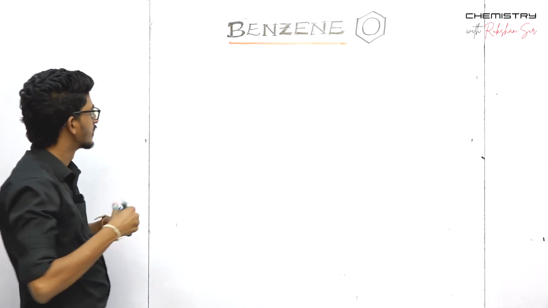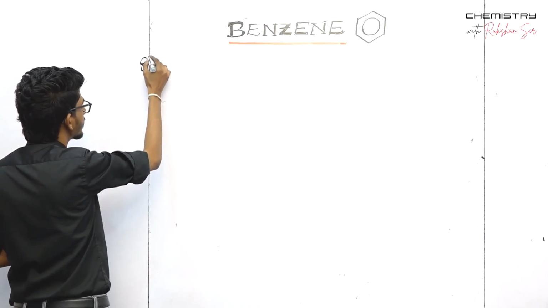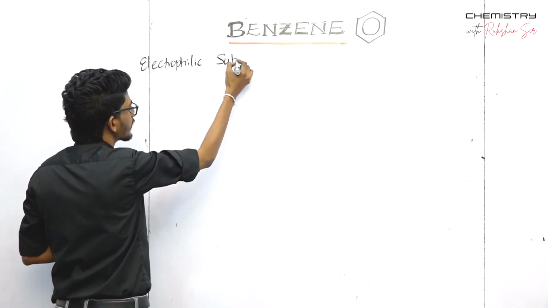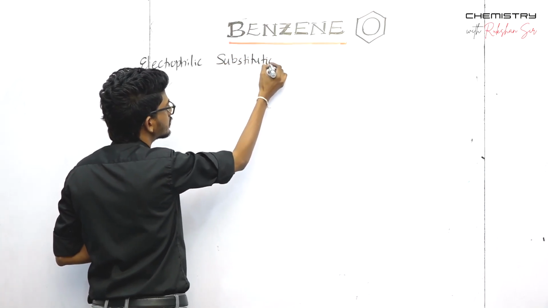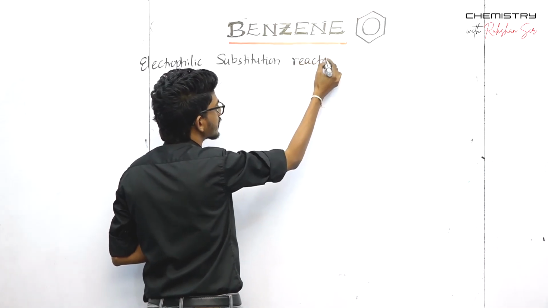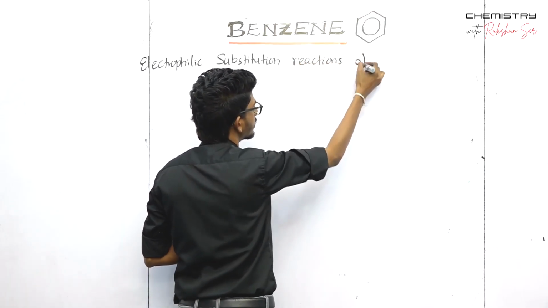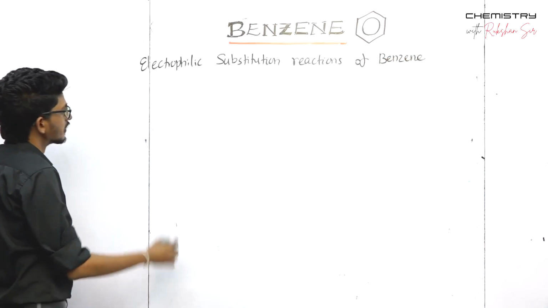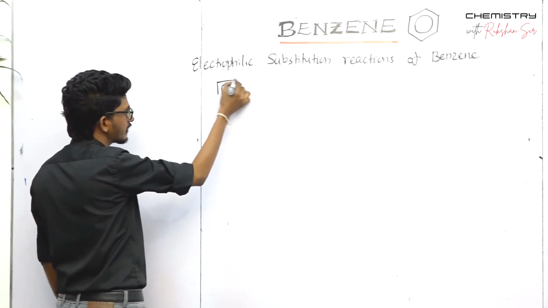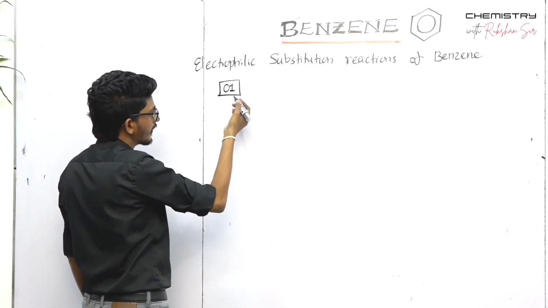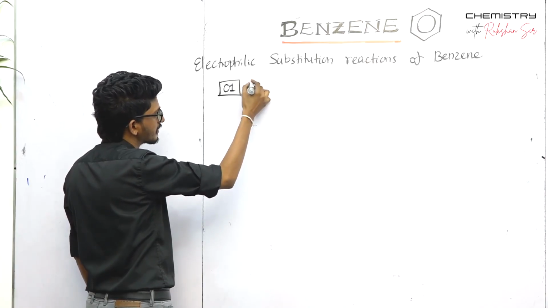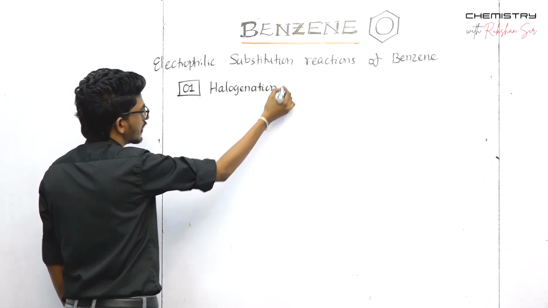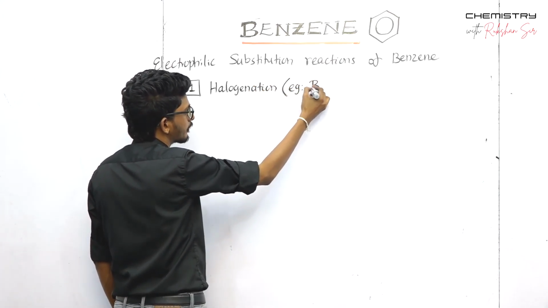So here we are referring to electrophilic substitution reactions of benzene. First, now we are starting the discussion about the bromination, or the halogenation. As an example, let's come up with the bromination reaction.